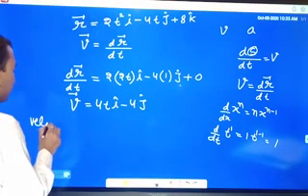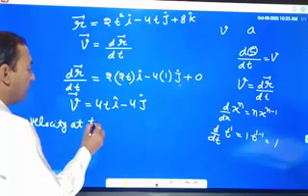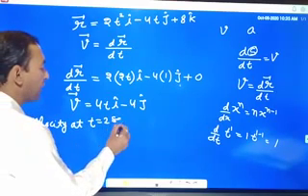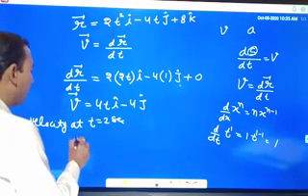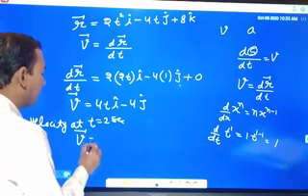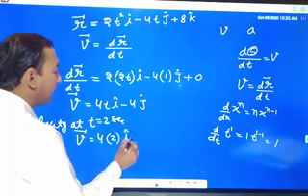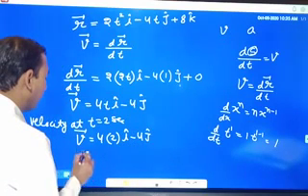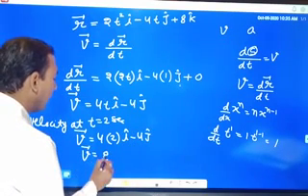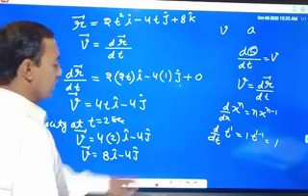Velocity at t equal to 2 seconds. Here we put the value of t as 2. Then what is the v vector? Then v vector is 4 multiplied with 2 i cap minus 4 j cap. Then here the velocity vector becomes 8 i cap minus 4 j cap.